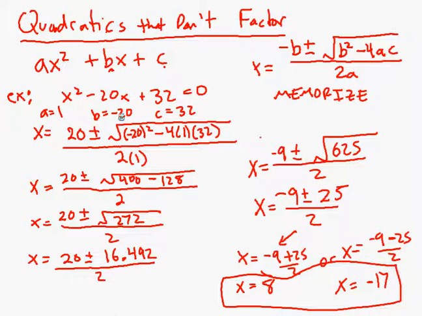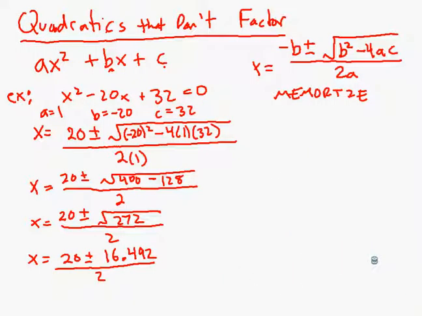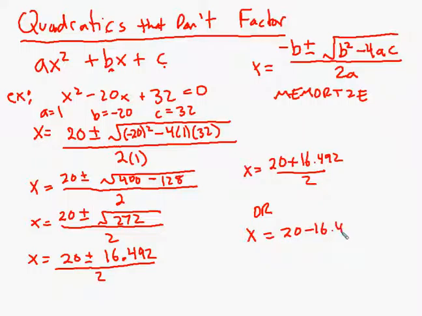I'm going to erase this stuff over on this side. I'm done. Now we're going to split that into the 2 cases. x equals 20 plus 16.492 divided by 2, or x equals 20 minus 16.492 divided by 2. And then you solve those two, and those 2 answers would be your answer.